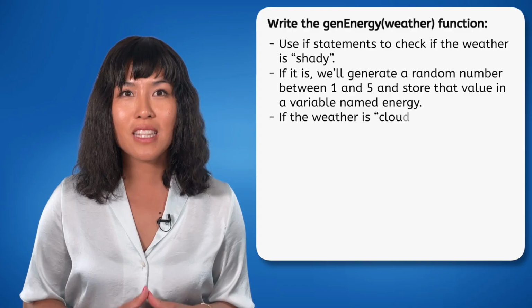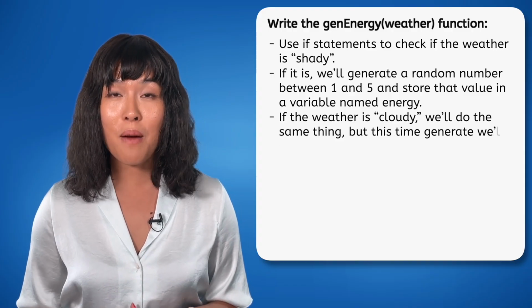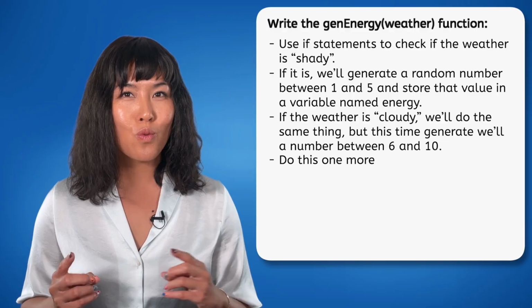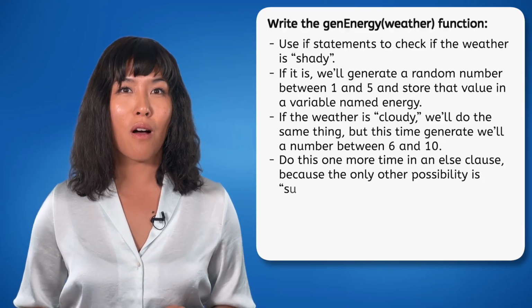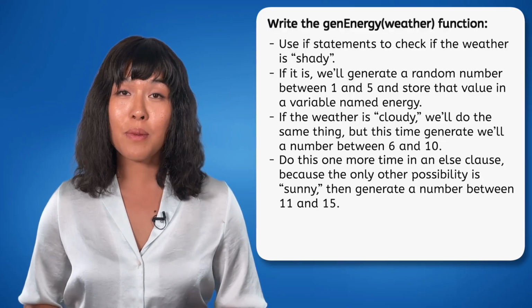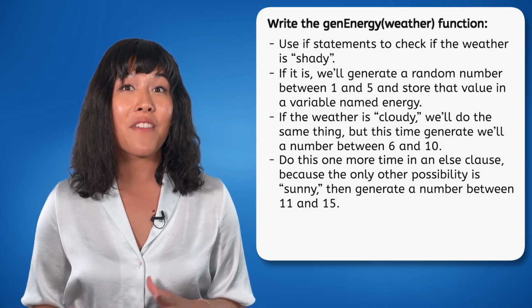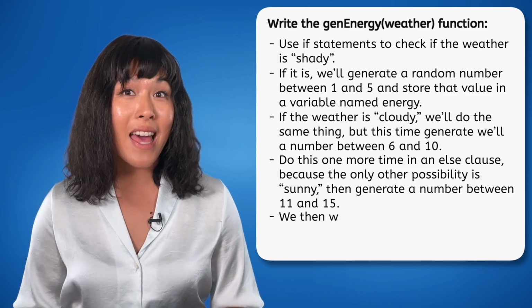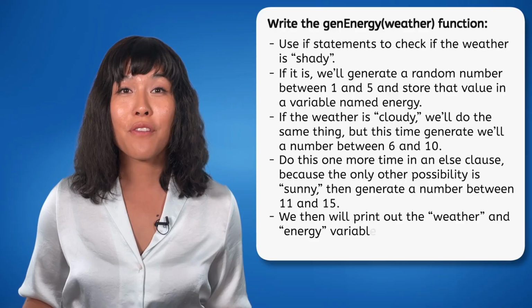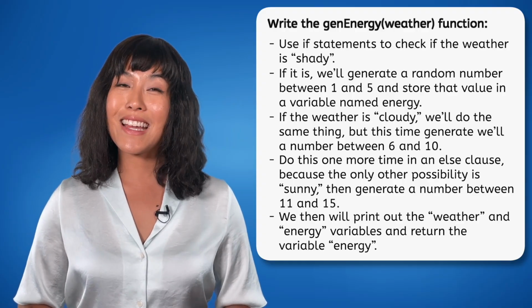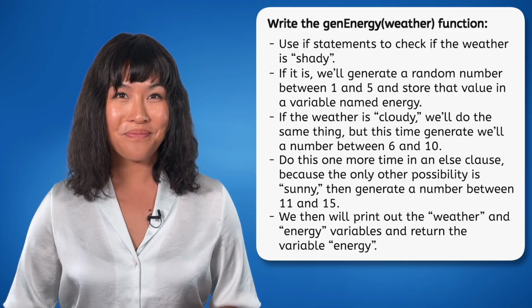If the weather is cloudy, we'll do the same thing, but this time generate a number between 6 and 10. Do this one more time in an else clause because the only other possibility is sunny. In this case, we generate a number between 11 and 15. We then will print out the weather and energy variables and return the variable energy. Try this in your guided notes now.